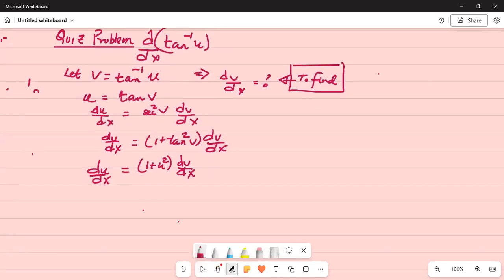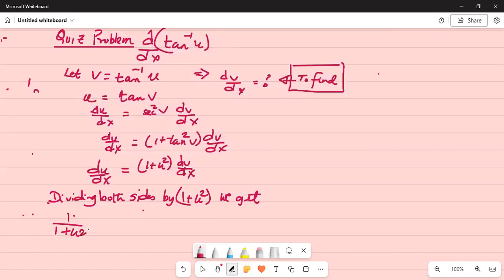So dividing both sides by 1 plus u squared, we get 1 over 1 plus u squared times du by dx is equal to 1 plus u squared divided by 1 plus u squared times dv by dx.